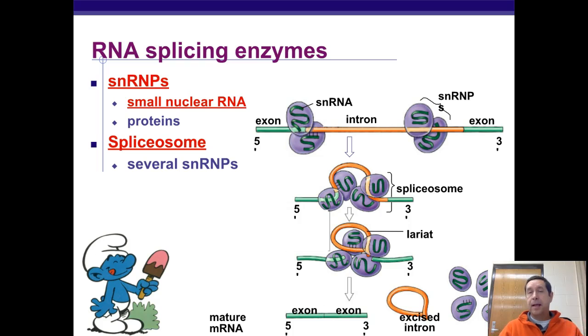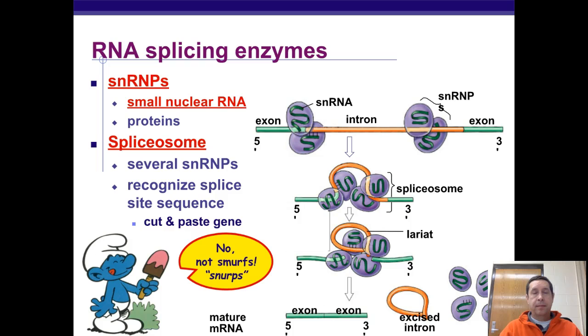They recognize the ends of the introns, and they cut the RNA at the border between the intron and exon, and they form a loop and pull the exons together, allow those to combine, and the excised intron loop is cut out. So they call these snRNPs, or the enzymes. So RNA is acting as an enzyme in this case, in the spliceosome.